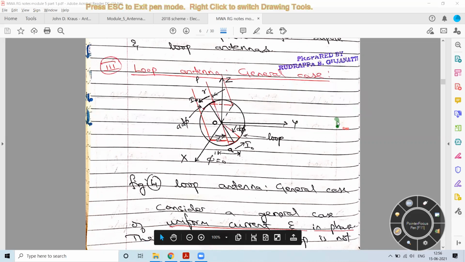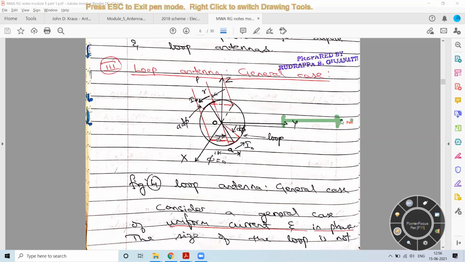We are considering one side of the element and the other side of the element, and then doing the analysis. So it is like this is one dipole and this is the other dipole, whose length is given by A into d phi. We are considering two dipoles. When we slice off a small element, whose length is A into d phi and A into d phi, considering that, we apply the previous concepts we have discussed.